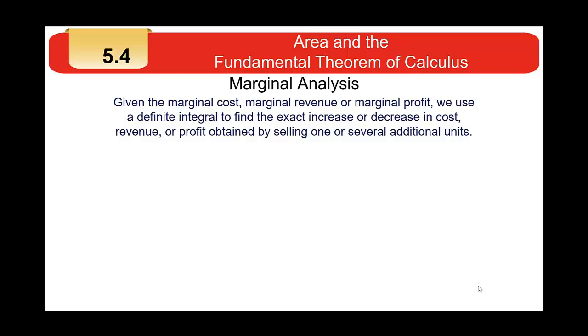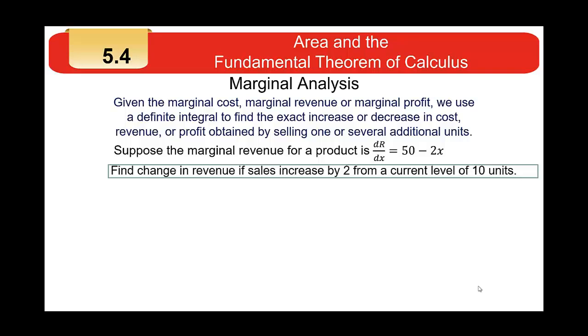So I'll show you how simple this is with an example. Suppose I give you the marginal revenue of some product, the derivative of the total revenue with respect to x, where x is the number of units, and that is 50 minus 2x. And here's the question. Find the change in revenue if sales increase by 2 from a current level of 10 units. In other words, you're going up by 2 units.